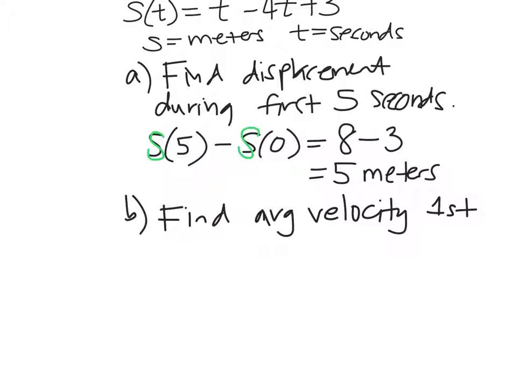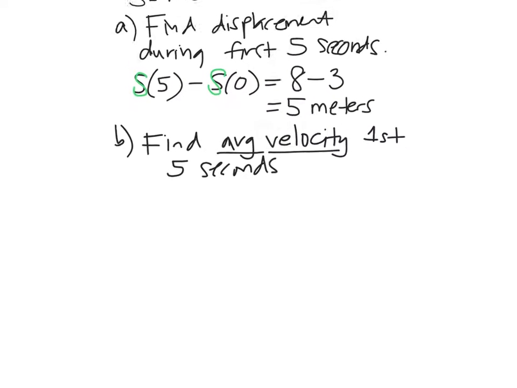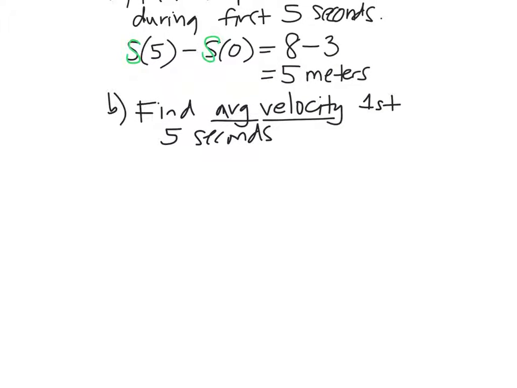All right, now we're going to find the average velocity for the first 5 seconds. So what's the average speed of this thing for the first 0 to 5 seconds? Well, don't forget, average velocity is just basic slope. It's slope that you learned back in Algebra 1. So you're going to do y2 minus y1 over x2 minus x1.